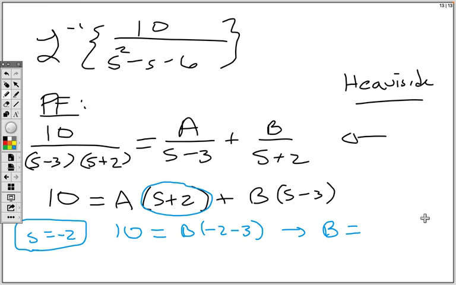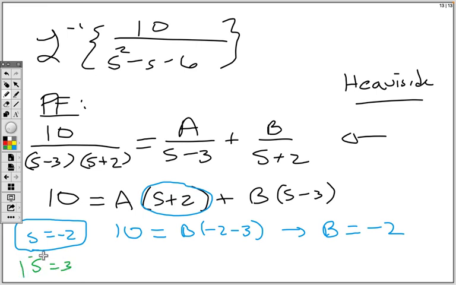Yeah, good, negative 2. Now, what's another good value of s to plug in to cheese an answer out? Three is a good one, too.